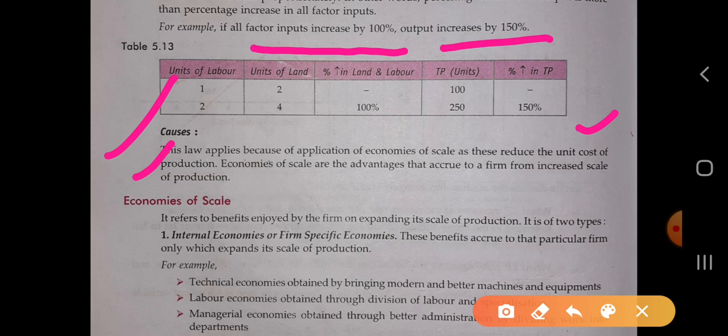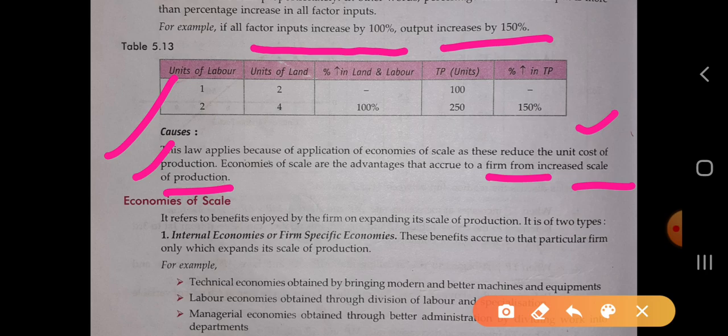So economies of scale are the advantages that accrue to a firm to increase scale of operation. Okay, economies of scale simply means it is taken by any firm or producer to increase their scale of operation, to expand their business. Scale of operation simply means the operation which he or she does in the process of production for expanding their business, through the benefit of expanding their business.